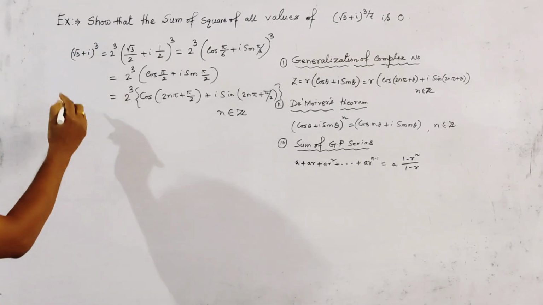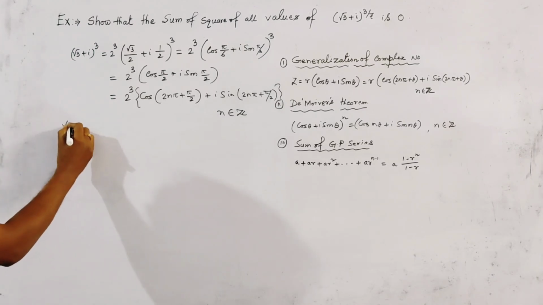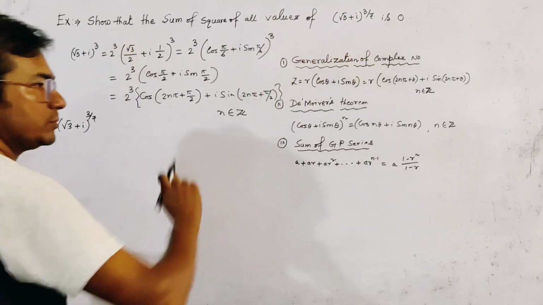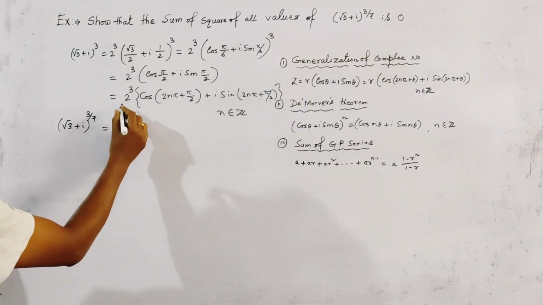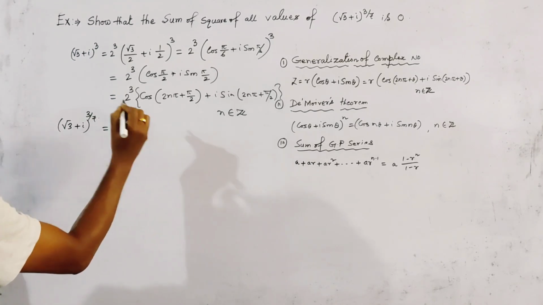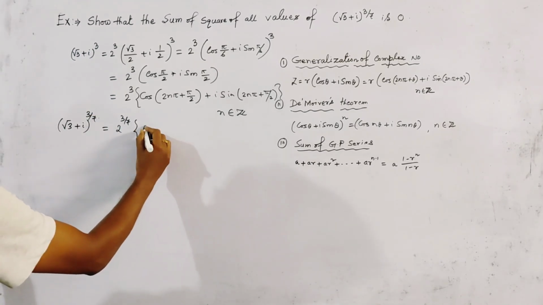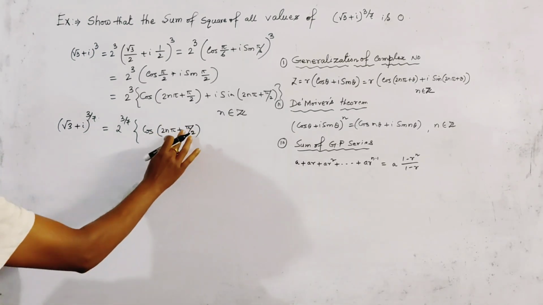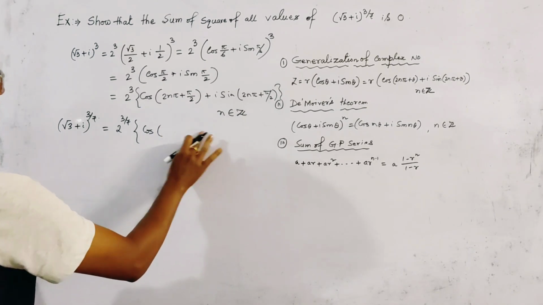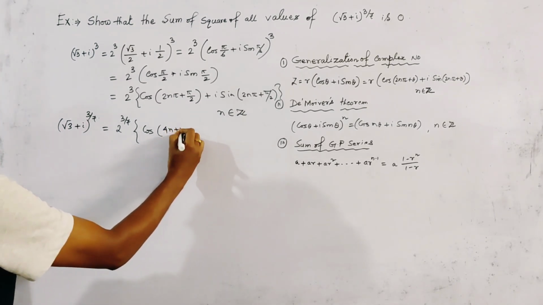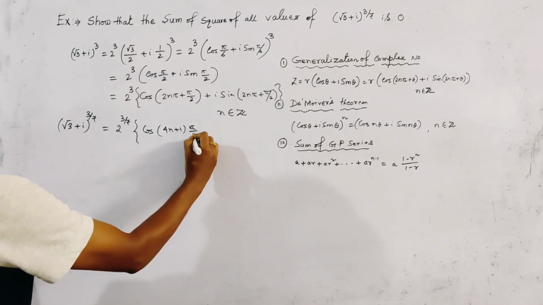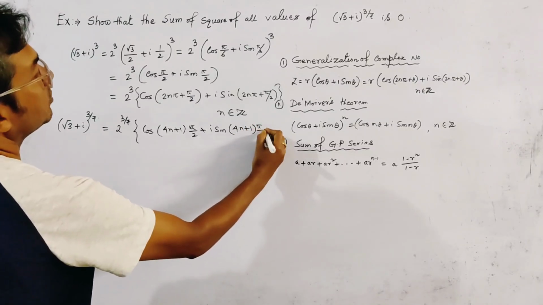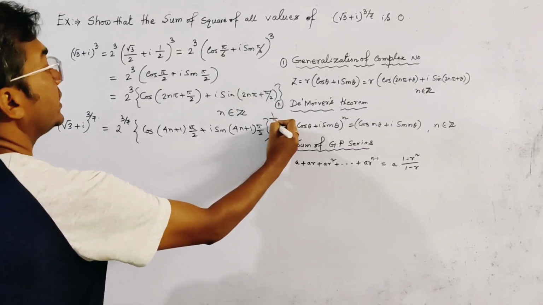Now taking the term (root 3 plus i) whole to the power 3 by 7 as given in our problem, this is equal to 2 to the power 3 by 7 into (cos (4n plus 1) into pi by 2 plus i sin (4n plus 1) into pi by 2) whole to the power 1 by 7.